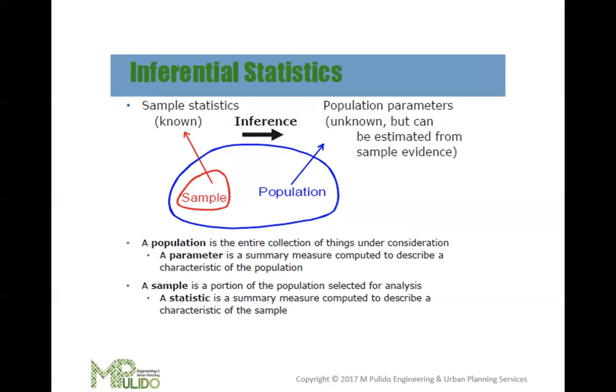So a parameter is a summary measure that describes a characteristic of the population. For example, the average age of all voters, the total number of students in a university, or the proportion of defective items in a factory's output. Okay, so I think this is easy. We go to the next slide.